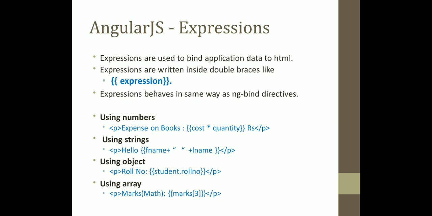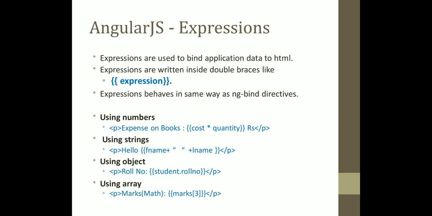While writing strings we always use that plus sign, and at the end we again use a plus sign and the variable name. Here we have two variables, fname and lname, and we want to concatenate both, so accordingly we have defined it within the curly braces.